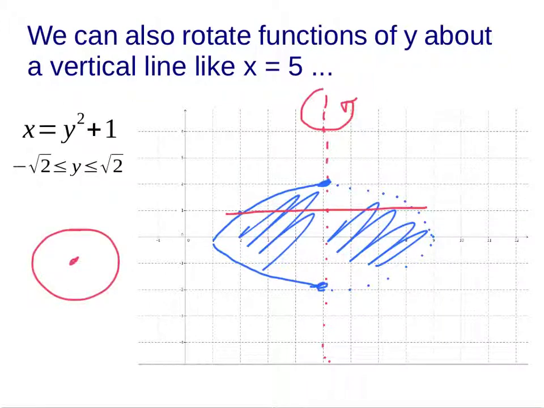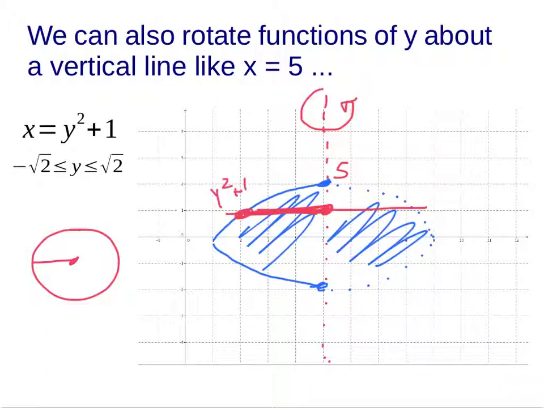And remember, what we need on the circle is the radius. So the radius goes from the axis of revolution to the original curve. So that's this guy right here. How do we measure distance in the plane? We do the right, which is 5, minus the left, which is y squared plus 1. That's our curve.